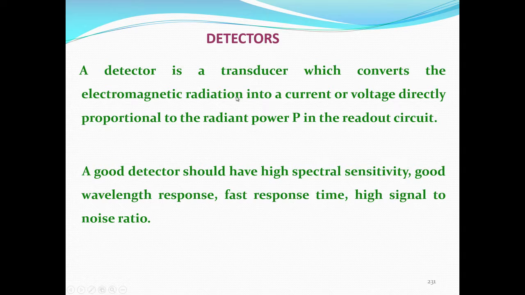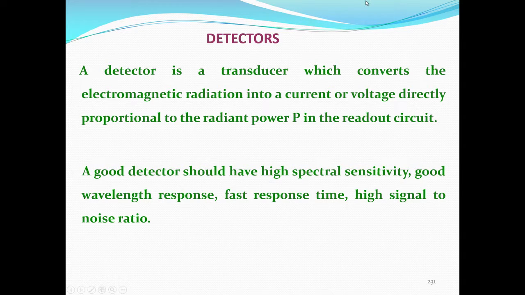Now, what is a detector? A detector is a transducer which converts electromagnetic radiation into a current or voltage, which is directly proportional to the radiant power in the readout circuit.